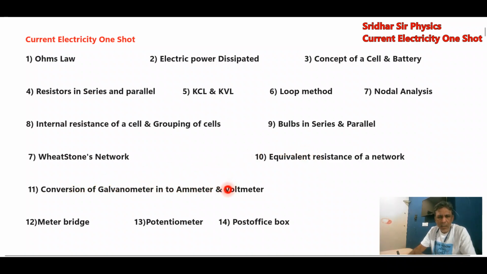Then conversion of a galvanometer into an ammeter and voltmeter, meter bridge, potentiometer, post office box. One more, temperature coefficient of resistance. So all these things we are going to learn.